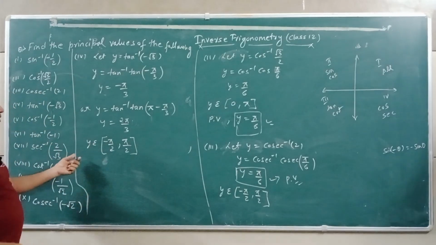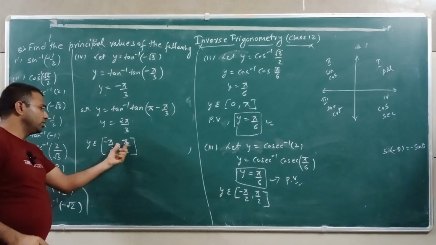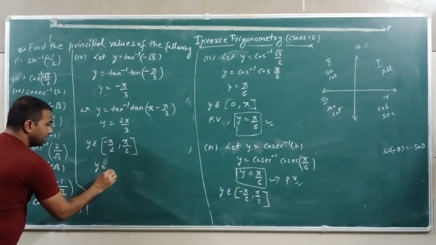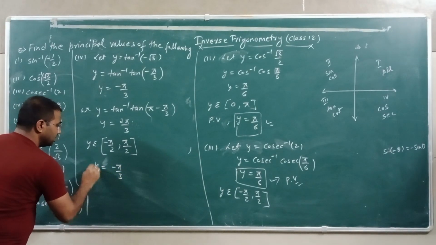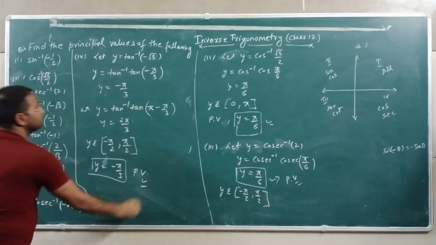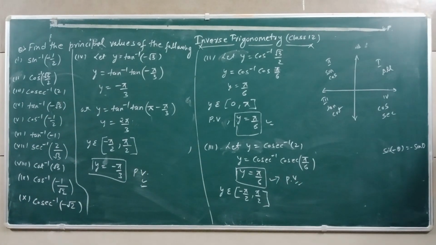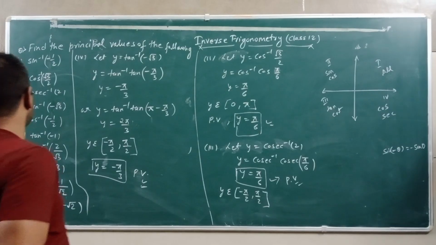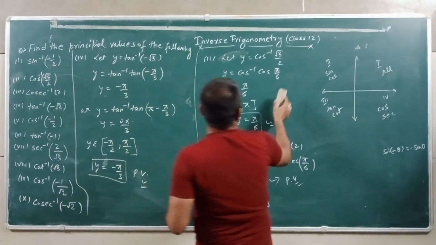So between minus pi upon 2 and pi upon 2 the value will come. Then we will take y is equal to minus pi upon 3 as the principal value. See here how you will write the principal value of tan inverse minus root 3. Now let us see the next one, cos inverse minus 1 upon 2.